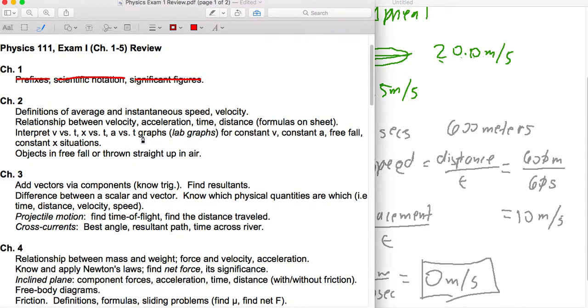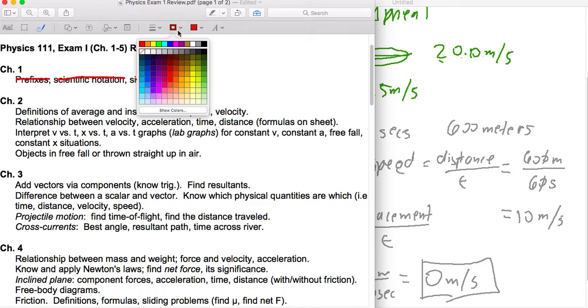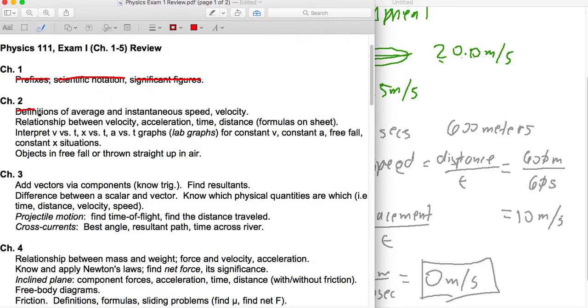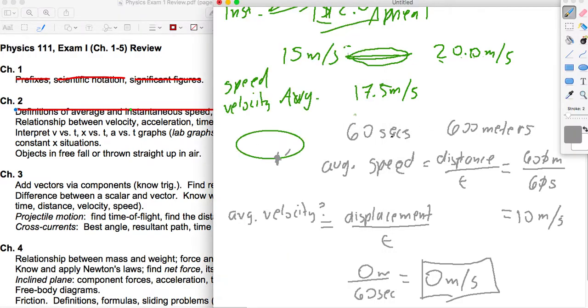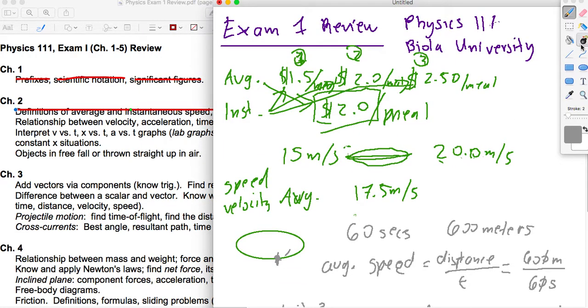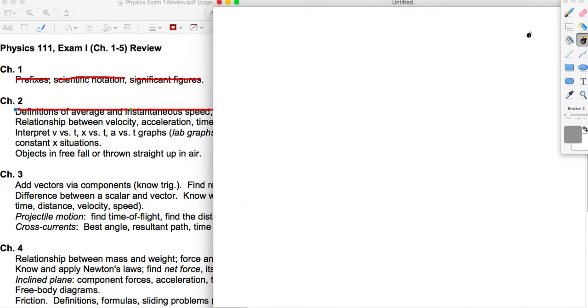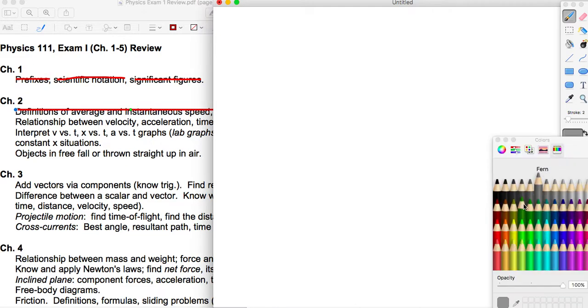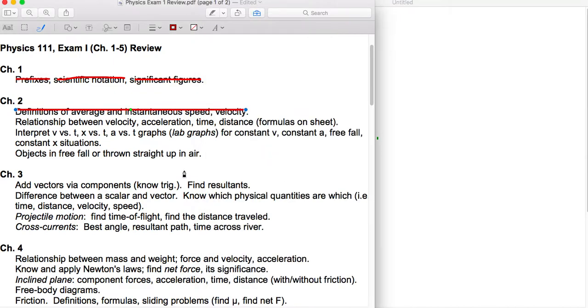Let's see, we covered the first part. So we have this part down. All right, relationship between velocity and acceleration. So let me just switch colors, back to green. There we go, green. All right, so the relationship between velocity, acceleration, time, and distance formulas are on your sheet.